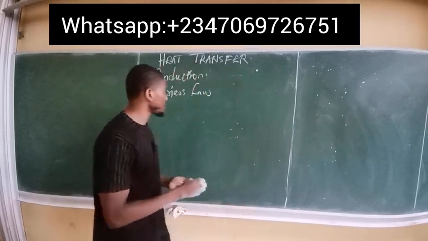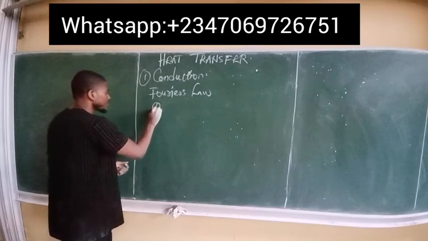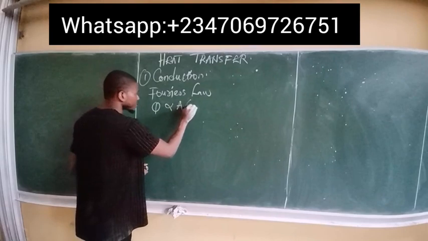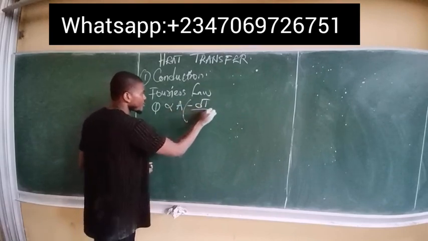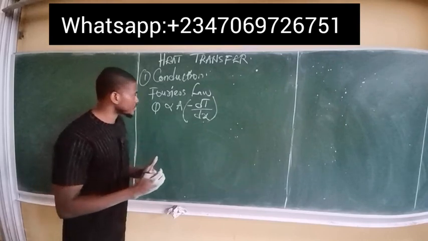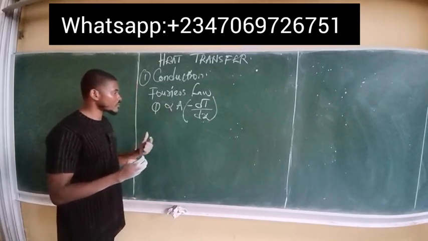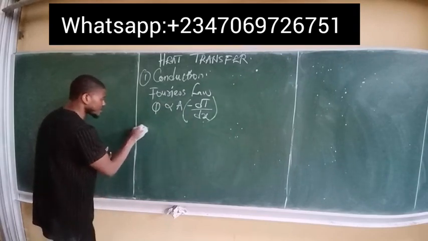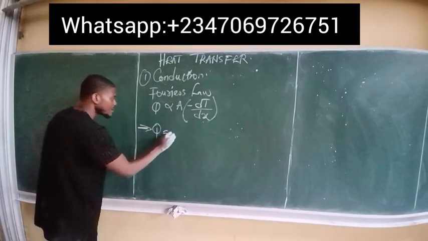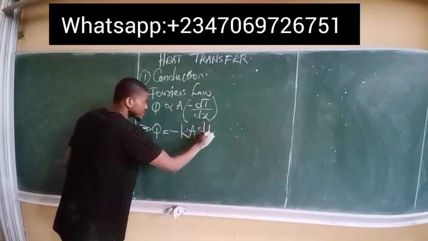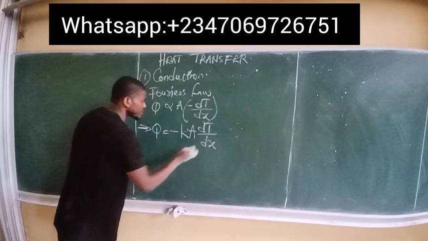So mathematically, heat is directly proportional to the area and to the temperature gradient, minus dT over dx, of the bodies involved. If we remove the proportionality sign, of course, we introduce a constant. So this simply implies that the heat transferred is Q = -kA dT/dx.